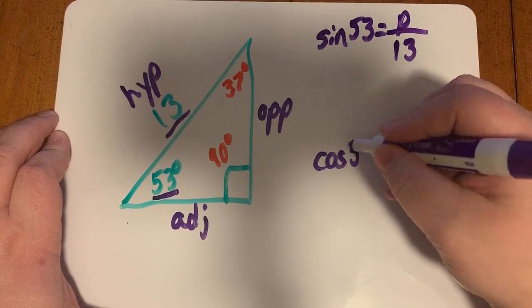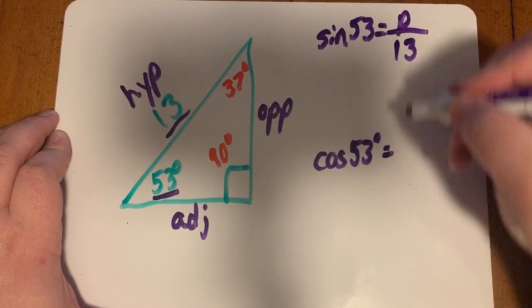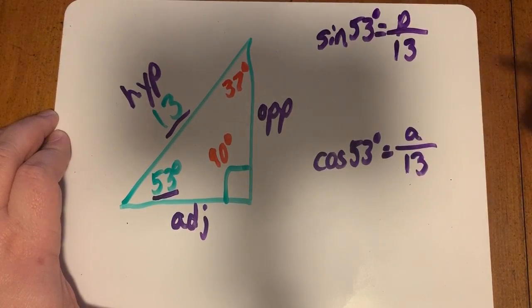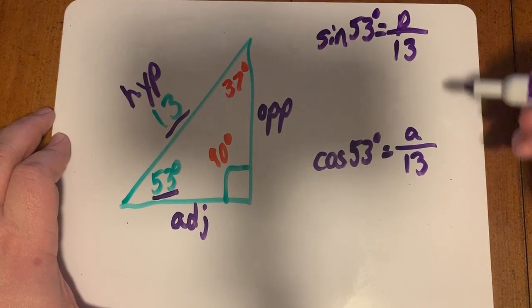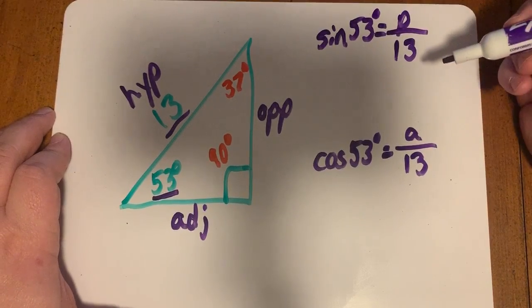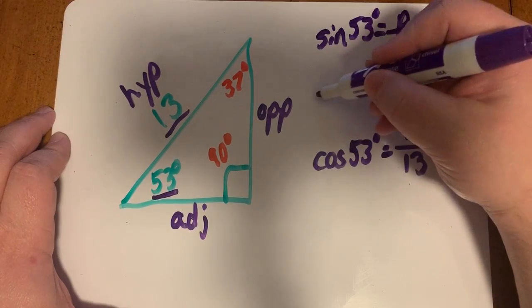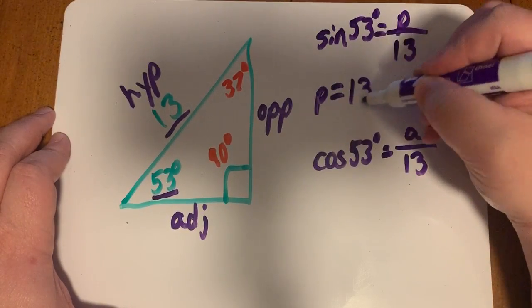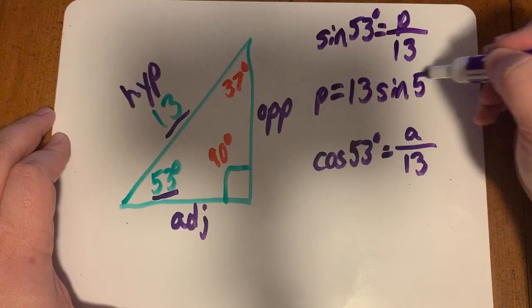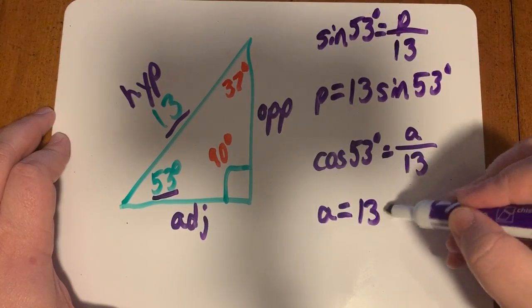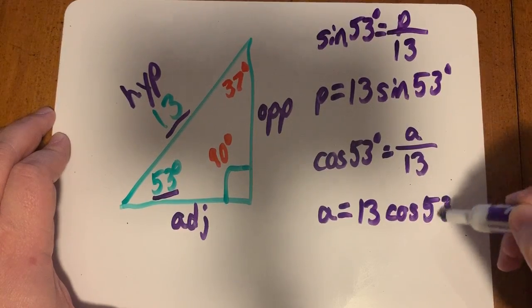So cosine of 53 equals the adjacent over the hypotenuse. I just used the variable a for adjacent. I didn't use o for opposite because that looks like a 0. So we need to solve these. So p equals 13 sine of 53. A equals 13 cosine of 53.